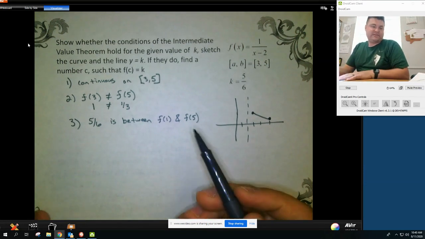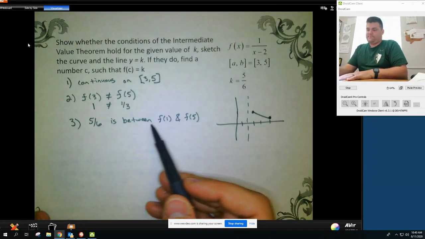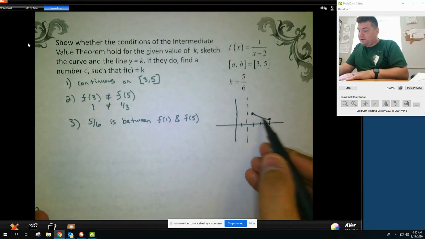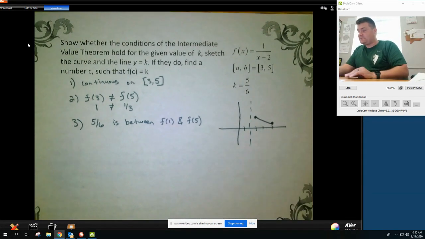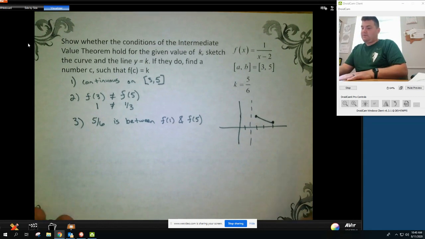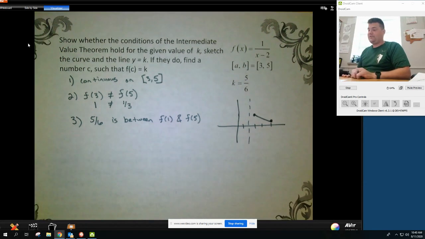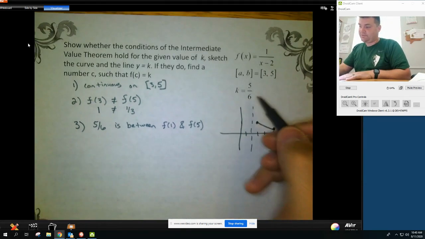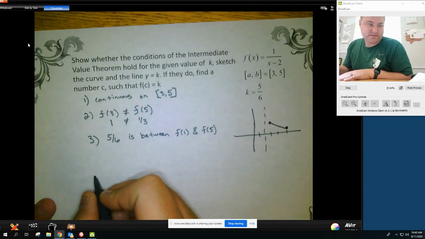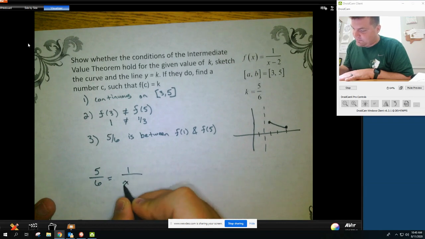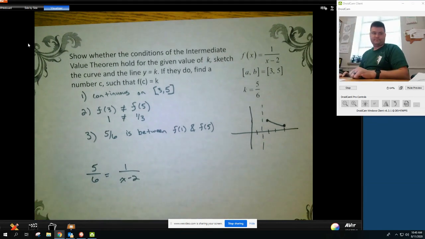So now we can state that, yeah, this happens. At some point on my graph right here, I'm going to reach 5/6. Probably closer to here on this side than that side, but let's go for it. To actually find what that C value is, where does this equal 5/6? Well, you're just going to set the function: 5/6 equals 1 over x minus 2.